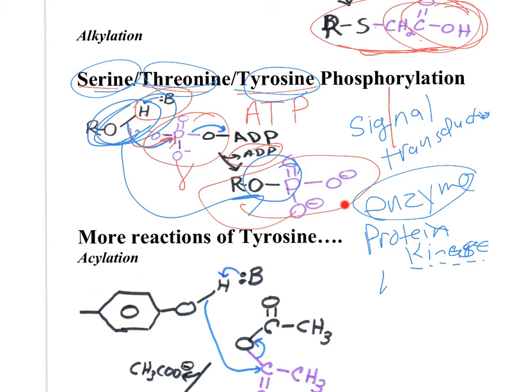And then you put a formal negative charge on that same spot. So imagine how that might impact something like a protein structure or function. You're taking an alcohol group and replacing it with a charged, bulky group. And what are you replacing? Well, really, technically, you're replacing this hydrogen with this phosphate. Otherwise, this part is the same. So that's a pretty dramatic change.